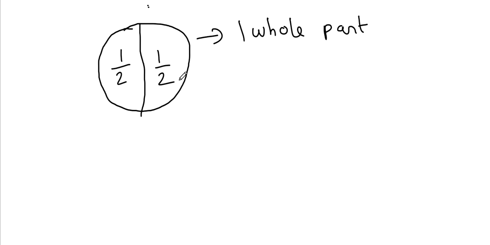Firstly, this is one circle. So this is the whole one circle. So that's one whole part. Now, if I draw a line in between, the circle is divided into two equal parts. That's half and half.